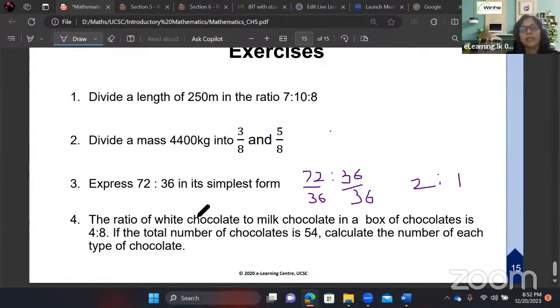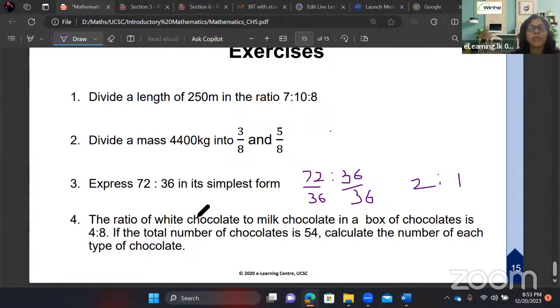So we are asked to find each type of chocolate. The chocolates are in a 4 to 8 ratio. Total is 54. How do we do this?